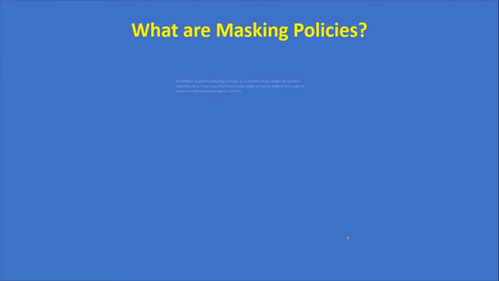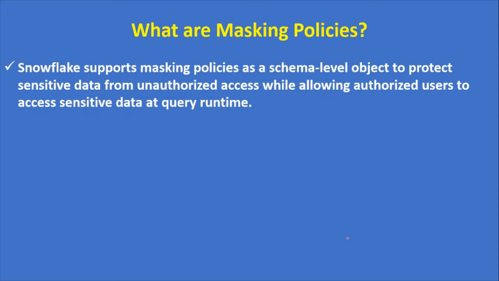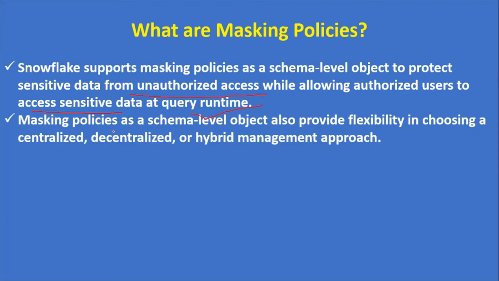What are masking policies? Snowflake supports masking policies as a schema level object to protect sensitive data from unauthorized access while allowing authorized users to access sensitive data at query runtime. Masking policies as a schema level object also provide flexibility in choosing a centralized, decentralized, or hybrid management approach.